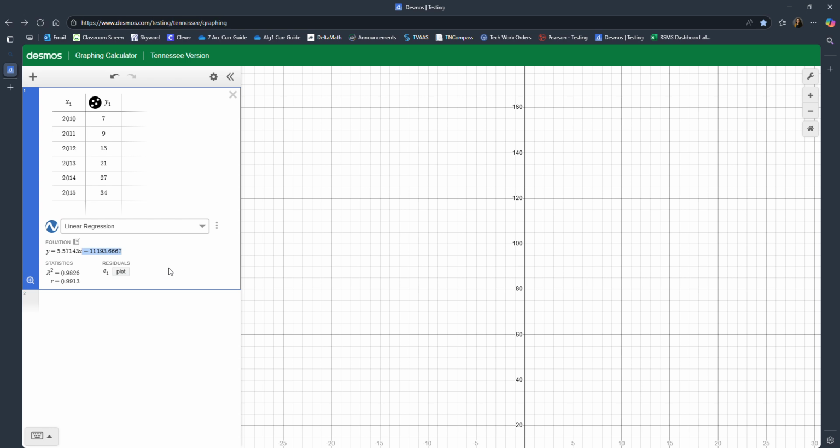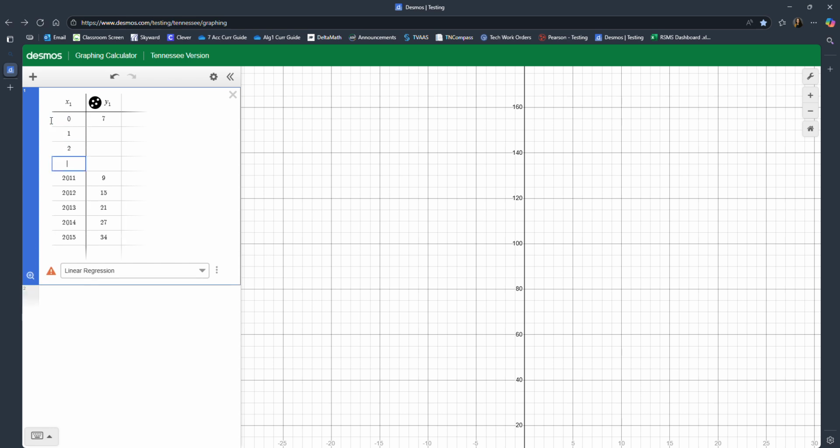It doesn't make sense to say that in the year 0, the US had negative 11,000% music sales revenue from streaming. Like, that doesn't make any sense. And so putting the calendar years in for X makes your y-intercept represent year 0. But it doesn't make any sense to have data that goes all the way back to year 0. So that's why we renumber these.